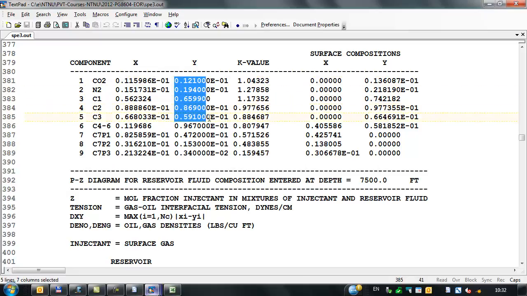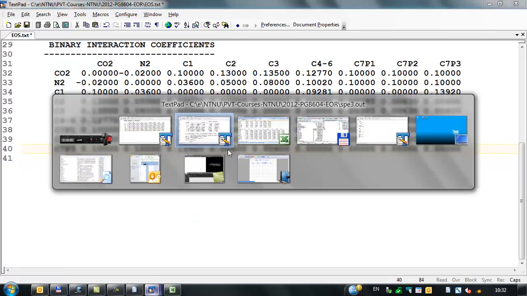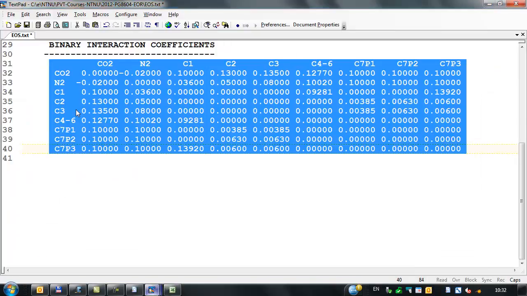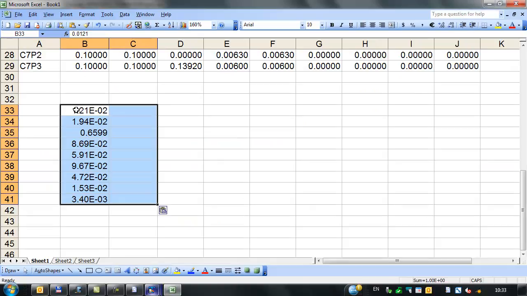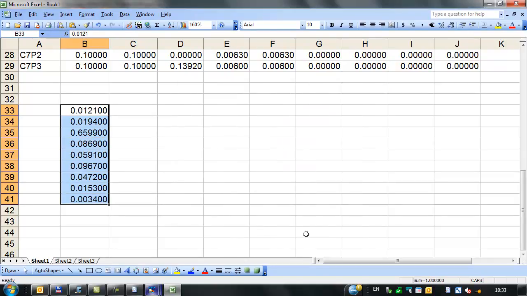This composition here probably has more digits than what we need. How about we format that like that.